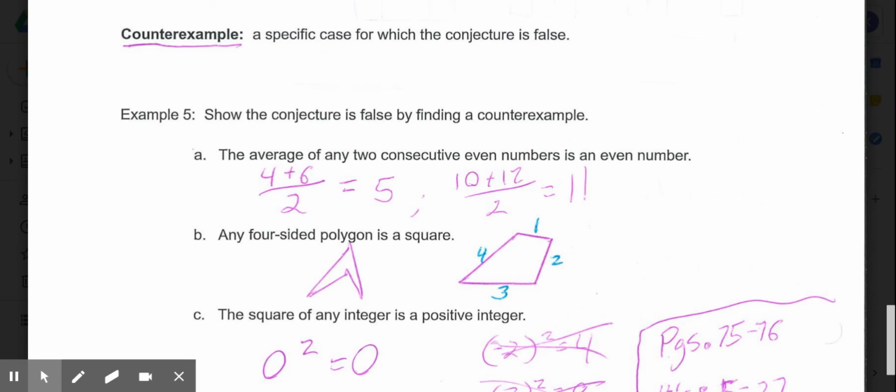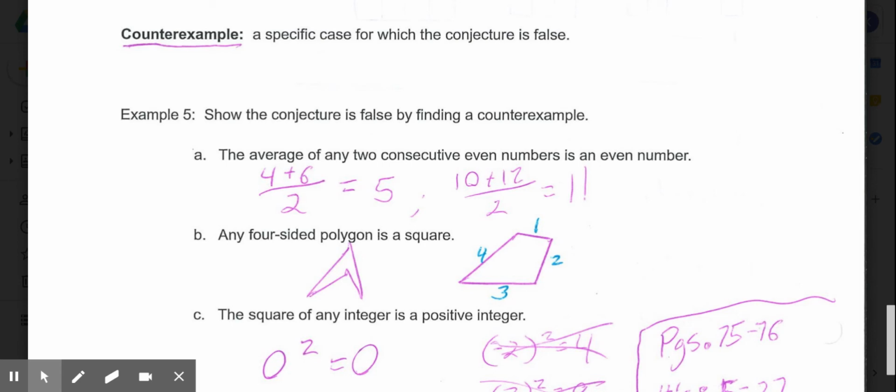So in example 5, it says, show the conjecture is false by finding the counterexample. So in A, the average of any two consecutive even numbers is an even number. So consecutive even numbers would be like 2 and 4, 4 and 6, 6 and 8, so on.